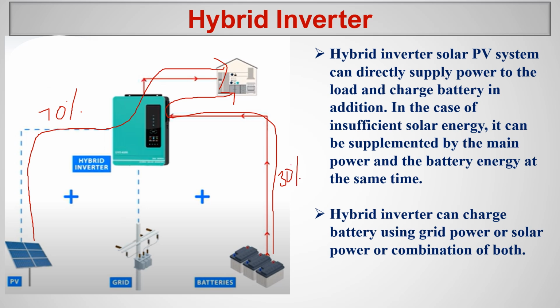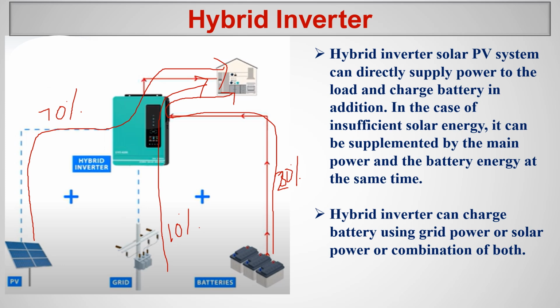Both can function at the same time. This is the beauty of the hybrid inverter. And even if you want some percentage of energy from the grid, that can also function at the same time. Let's say the solar is only giving 20%, and the rest 10% has to come from the grid. So anything is possible.